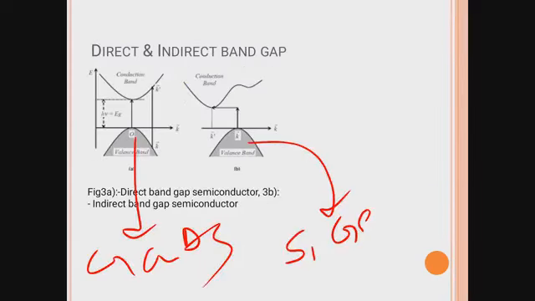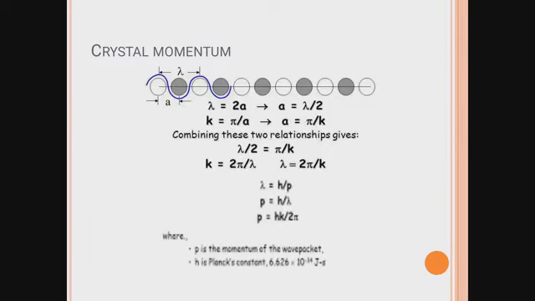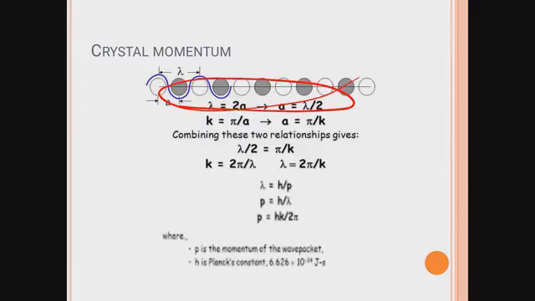Now my next slide is based on crystal momentum. This is the periodic arrangement. All of these are atoms in the periodic structure, and the distance between each and every atom is A, which is the interatomic spacing.